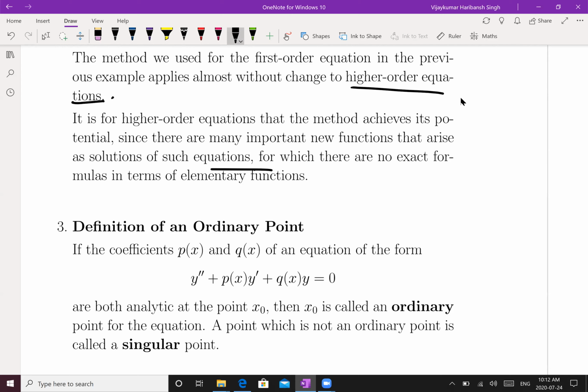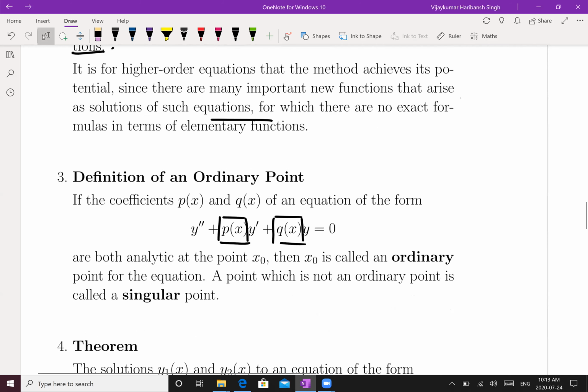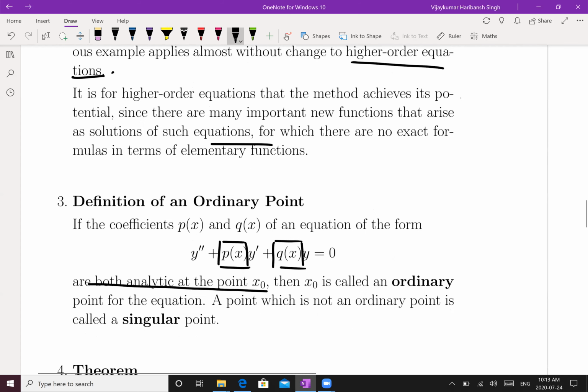So you are starting with y double prime plus p of x y prime plus q of x y equals 0, where p of x and q of x are special functions. They are basically functions which are analytic at point x naught. So what does it mean to be analytic at x naught?